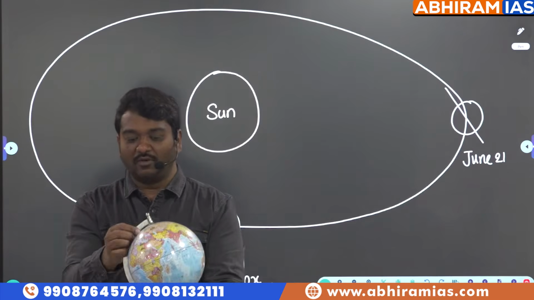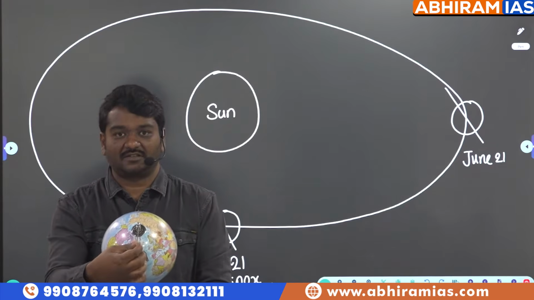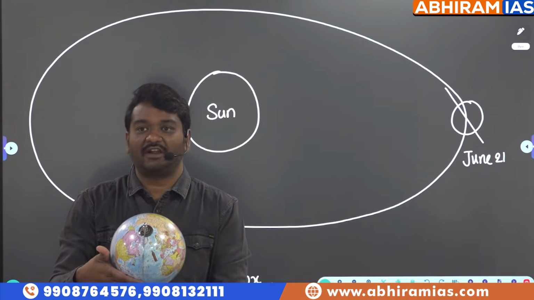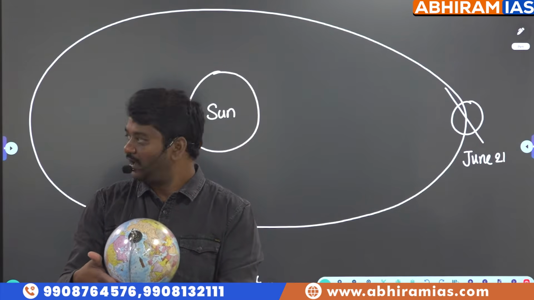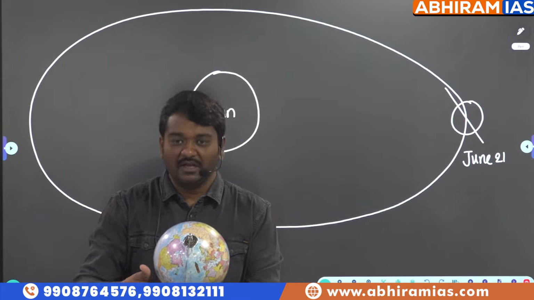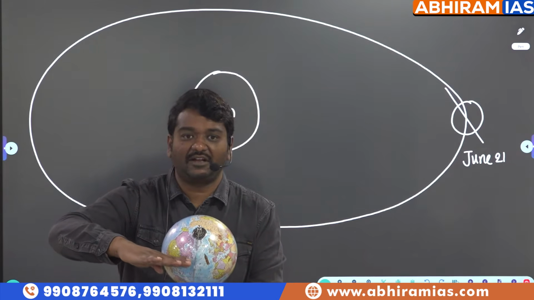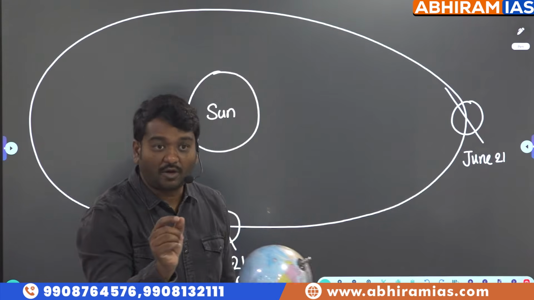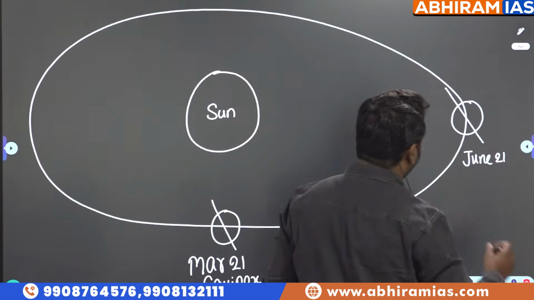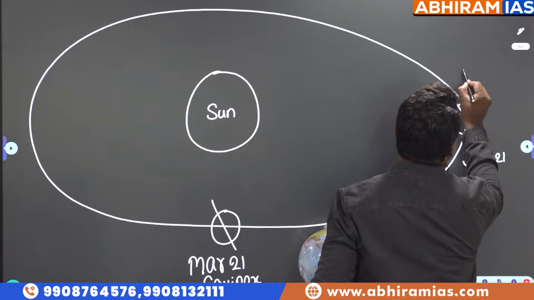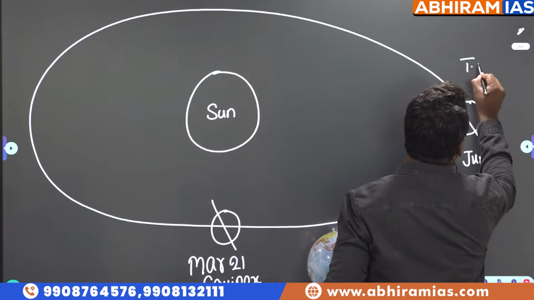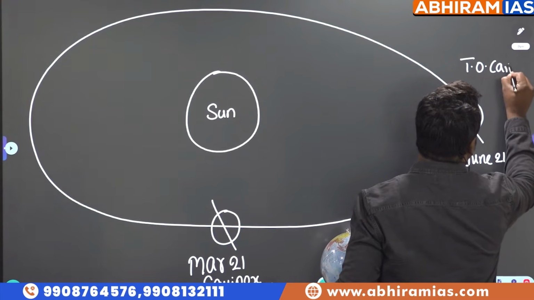So now you tell me, if it is like this, can we say equator has gone down? Right? As equator has gone down, sun's rays will fall exactly over which region? Tropic of Cancer. So on June 21st, sun's rays will fall exactly on the Tropic of Cancer.